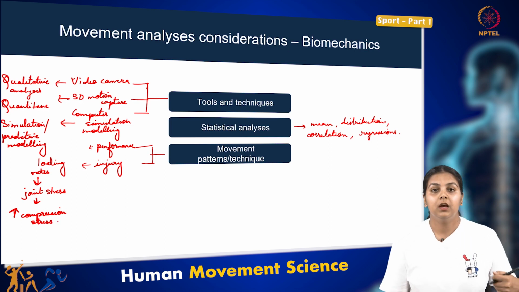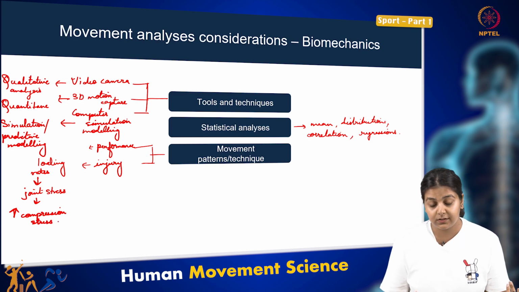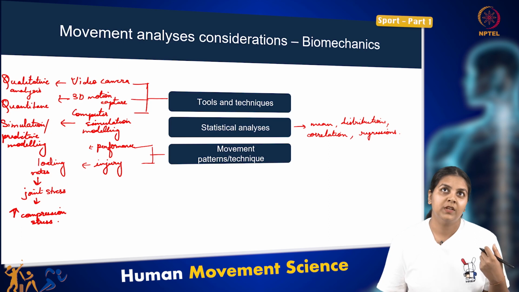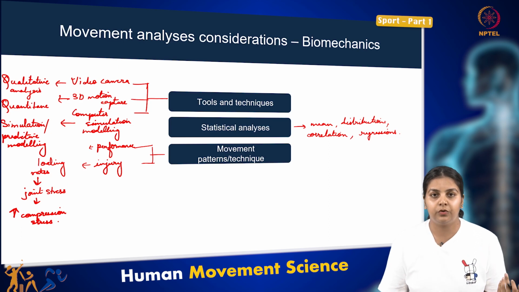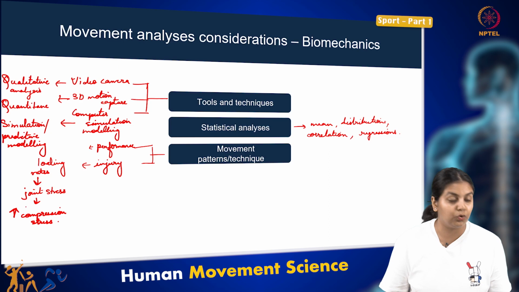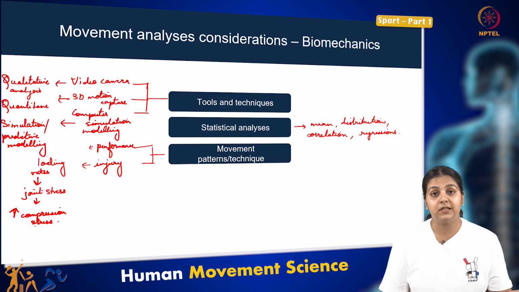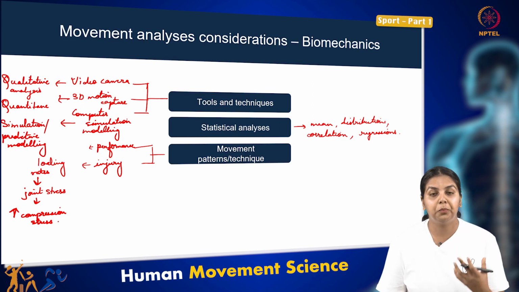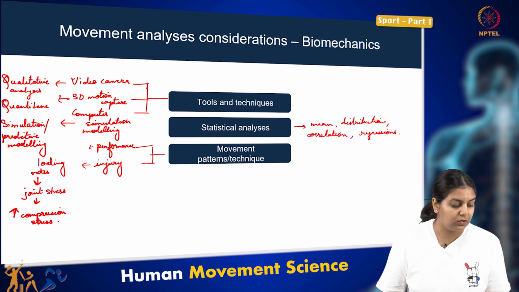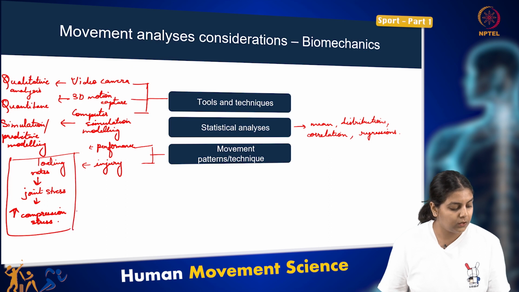Let's take an example of the knee or the spine. If you're having a lot of stress go through the spine, and that's happening repeatedly, so there's intensity, frequency, and all of that, you're going to have a higher probability or tendency to be injured, right? So looking at loading rates or loading patterns is quite important to detect injury patterns, right?